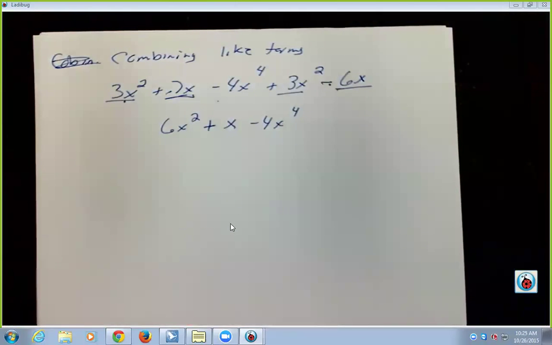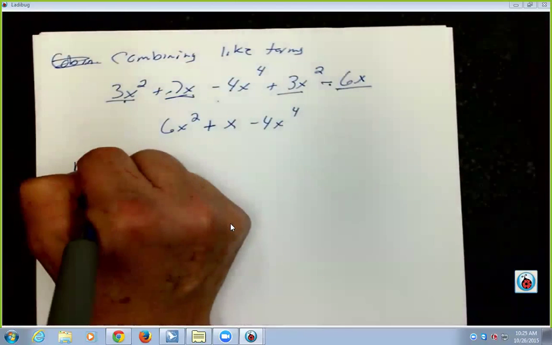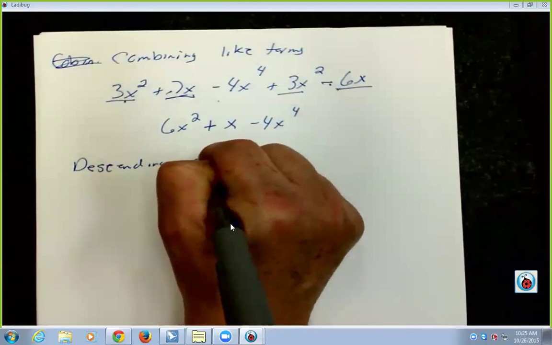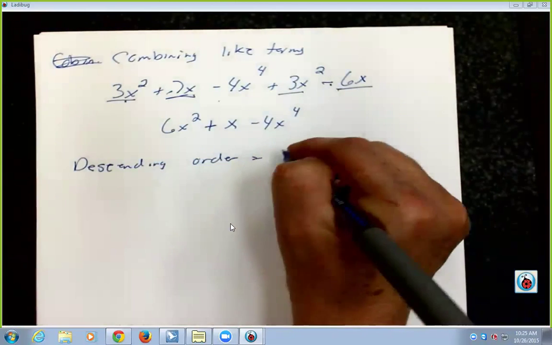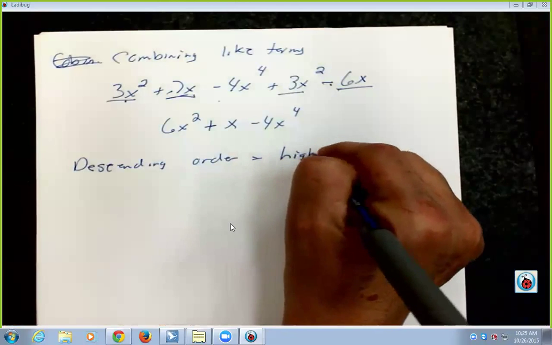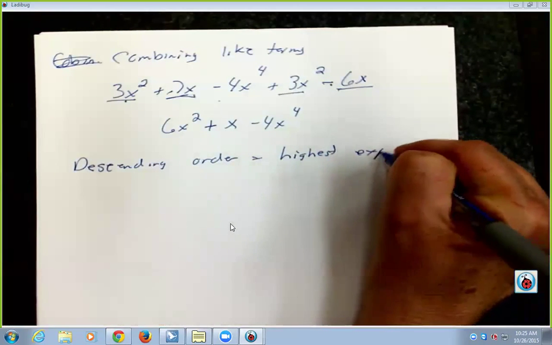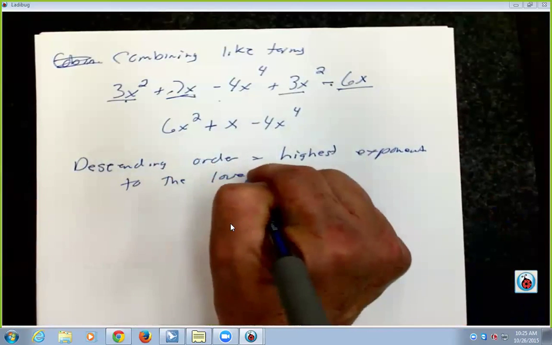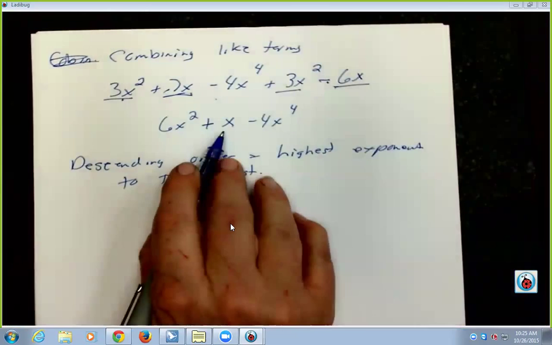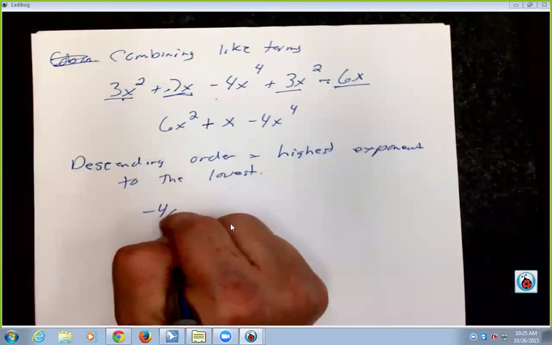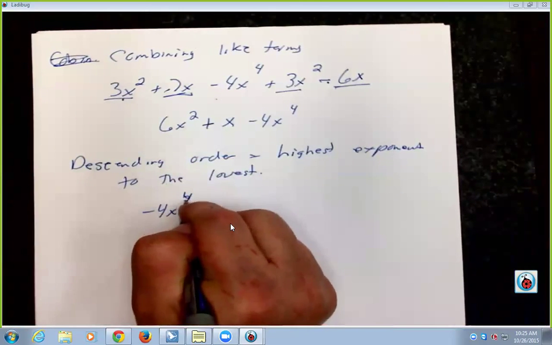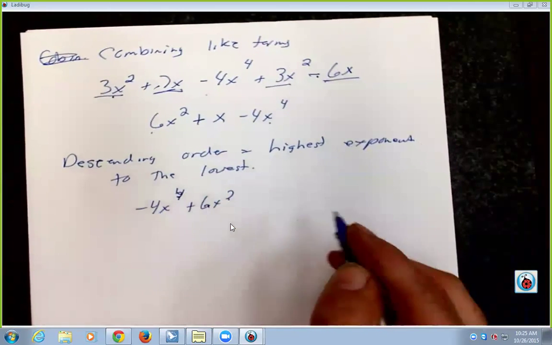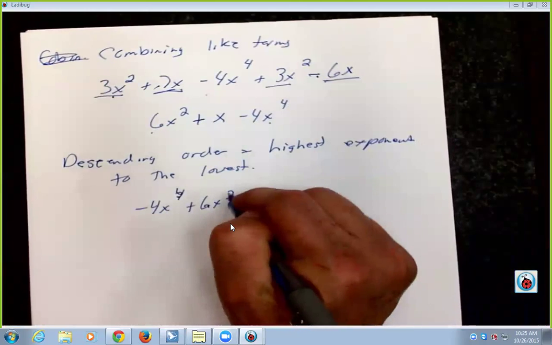And then they sometimes have you put stuff in descending order. And that is from the highest exponent to the lowest. So if I put this in descending order, it's going to be a -4x to the 4th plus 6x squared plus an x.